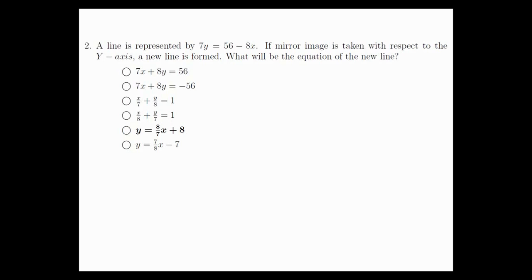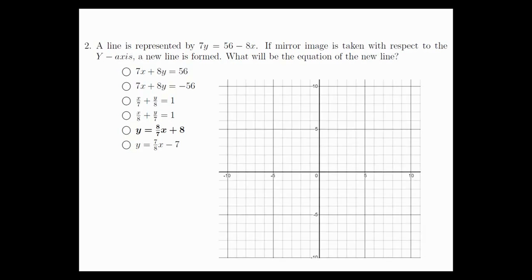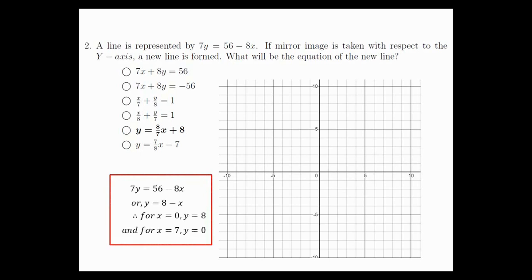Now, the first step is to draw the x and y axis. The x-axis is represented with the horizontal line and the y-axis is represented with the vertical line. Now the equation 7y equals 56 minus 8x can be written as y equals 8 minus 8x/7, dividing both sides by 7.